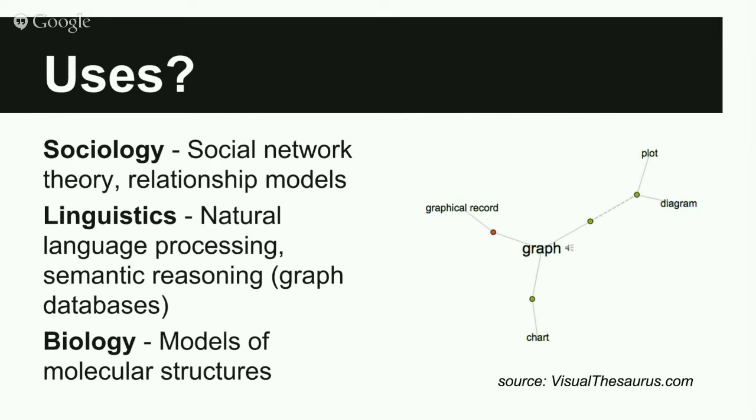A lot of natural language processing algorithms might represent language or semantics as a graph, and there's actually graph databases and ontologies that do this really well. And then lastly, a physical model of elements in biology might be represented with a graph where each molecular structure, the nodes within that are the elements, and then the relationships and the bonds between the elements might be represented with edges. Next slide, please.